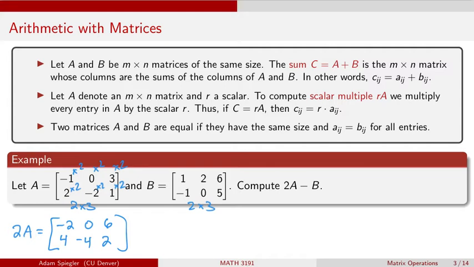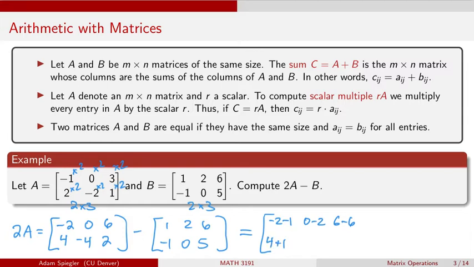And now if I want to subtract matrix B from this, we do this entry by entry. So for this first entry, I'm going to take the minus 2 minus the 1. And then the next entry is going to be the 0 minus the 2, and so on. And then we have, in this case, a negative applied to the minus 1.